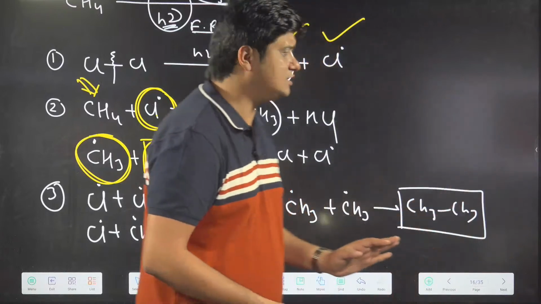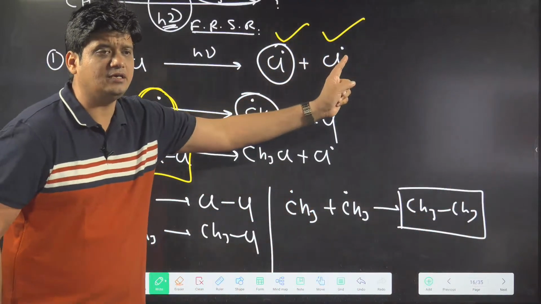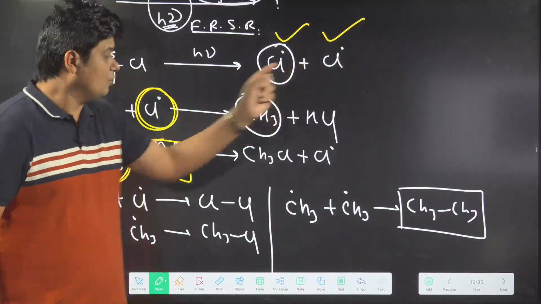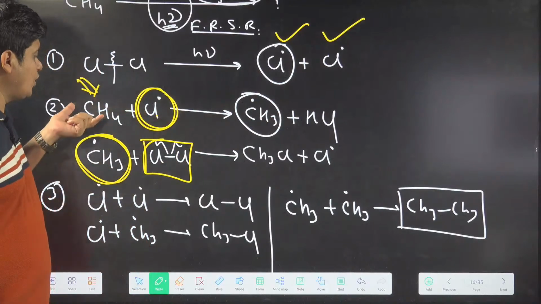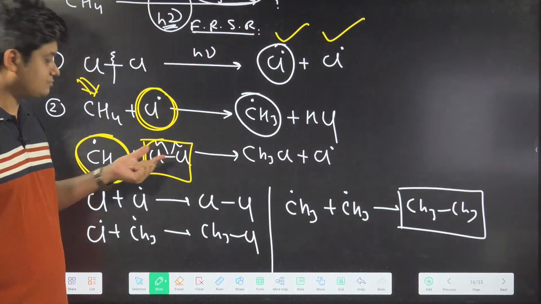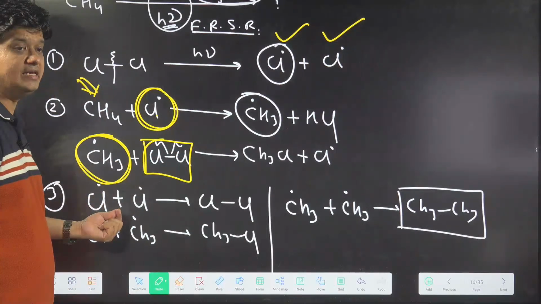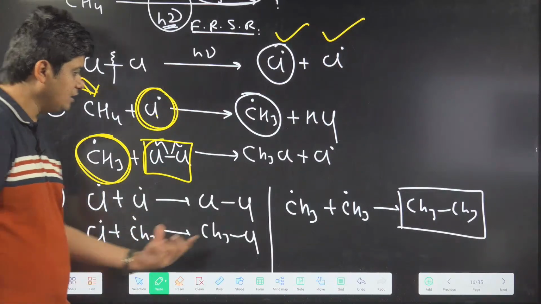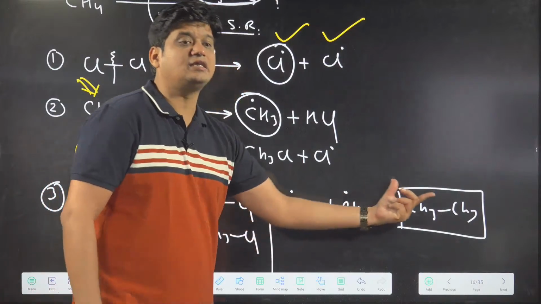Common sense here. What are the identifications there? Radical is generated, initiation. One is a radical, another is a molecule, propagation. Two radicals combine, termination.